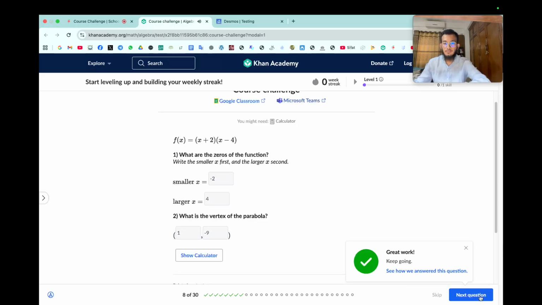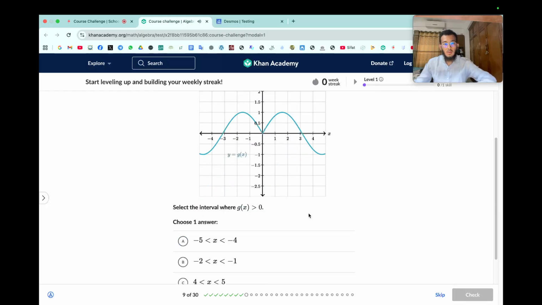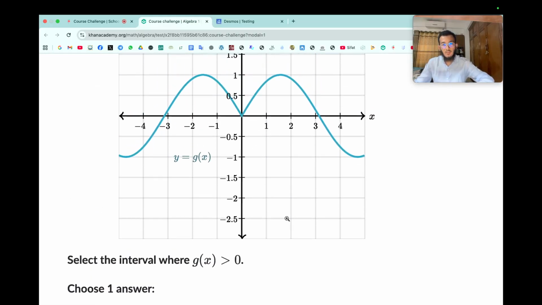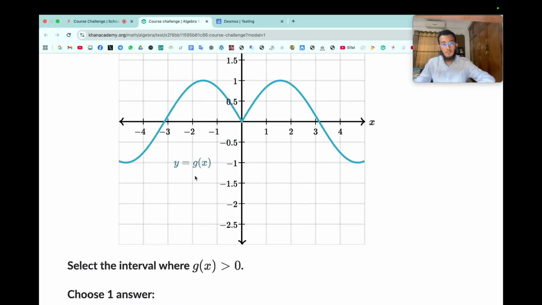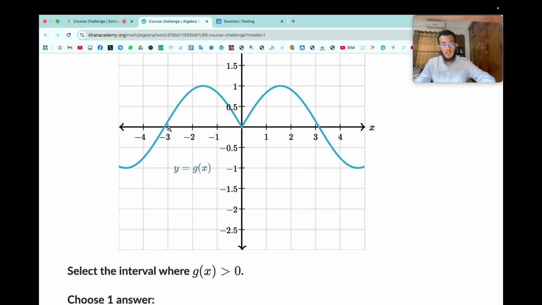All right. Select the interval where g(x) is greater than 0, which means it is on the positive side, right? So this portion, and this portion.